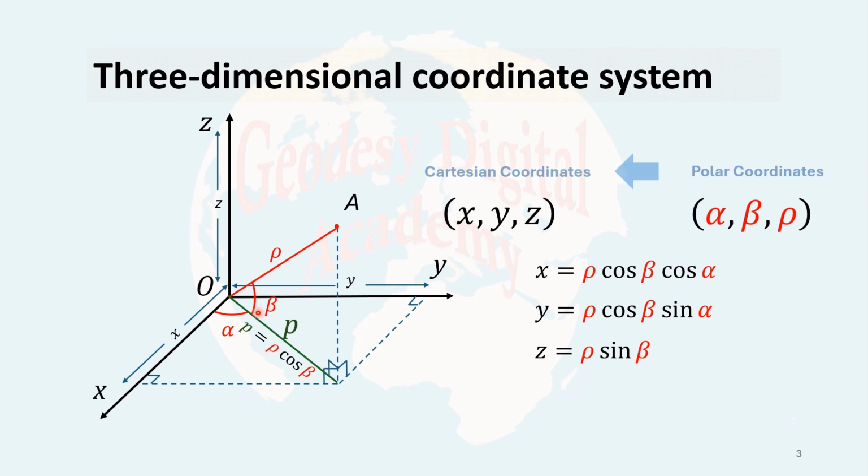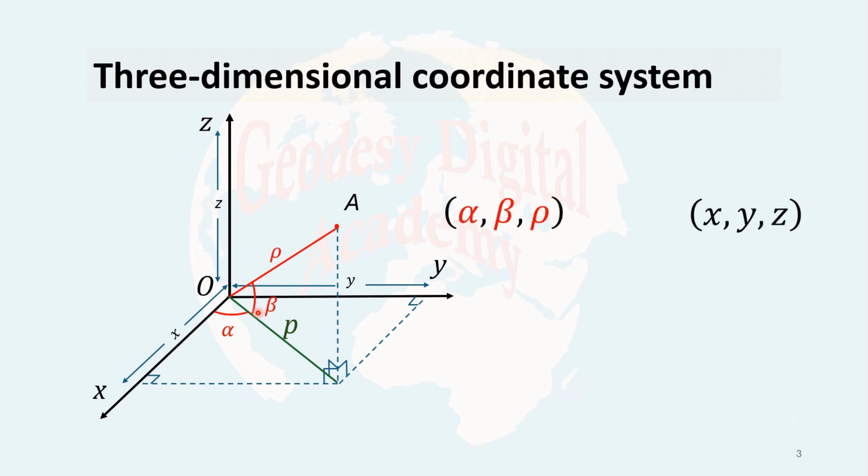What about the opposite? If I have Cartesian coordinates and I want to get polar coordinates, the principle is again very similar. We use the same triangles that we have used so far. But this time, since we have assumed that x, y, and zeta are known, in that case this P, this side, will be the square root of the sum of the squares of x and y, based on the Pythagorean rule.